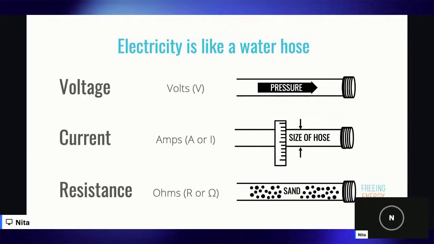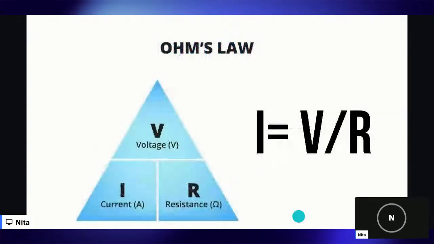And Ohm's law is what describes the relationship between these three factors: voltage, current, and resistance. So again, what is voltage? What does voltage represent? Pressure. The force, yeah. Correct.